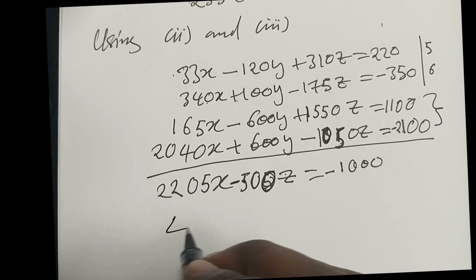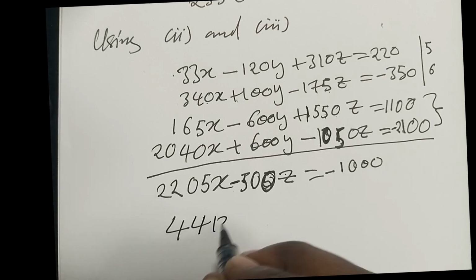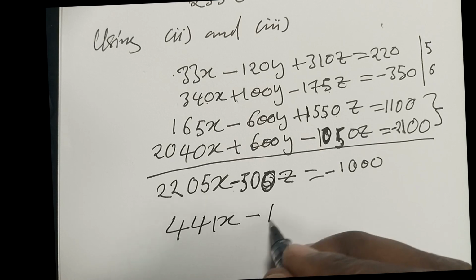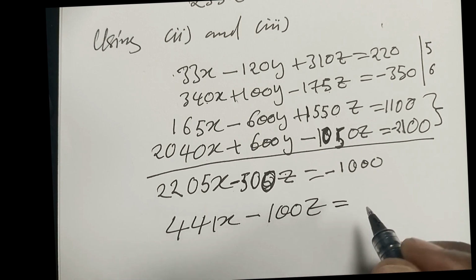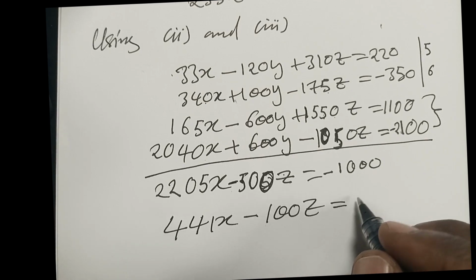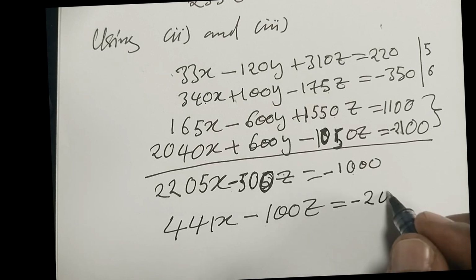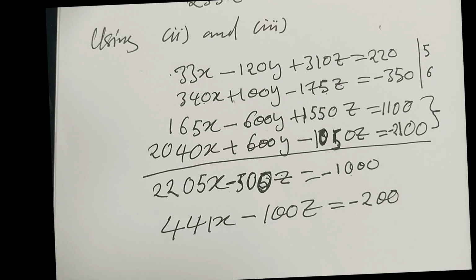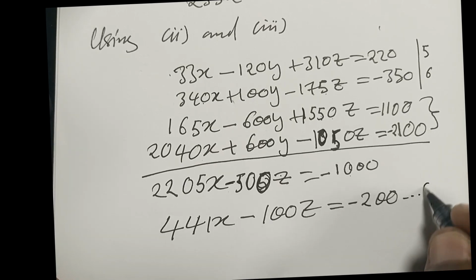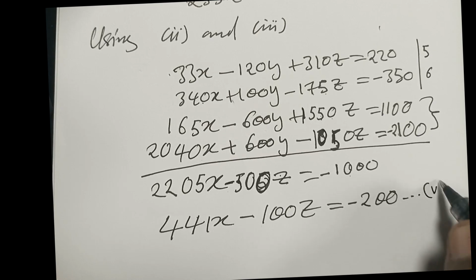Dividing through by 5, you should have 141x minus 100z being equal to 5 into 10, negative 200. Okay, we can name this as equation number 5.